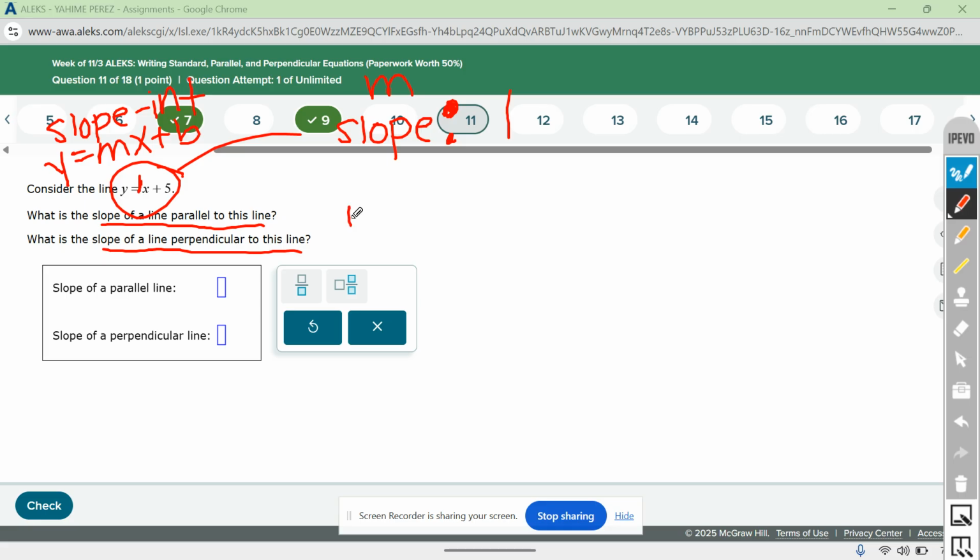What is the parallel slope? Well, I know parallel slopes have the same slope, so it would be 1 as well. And what would be the perpendicular slope? Well, I'm going to take this 1, positive 1, and I'm going to make it negative.